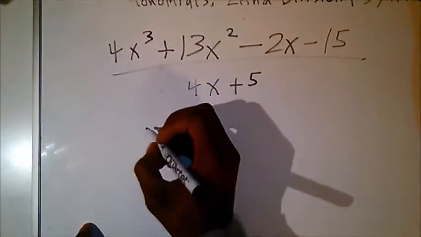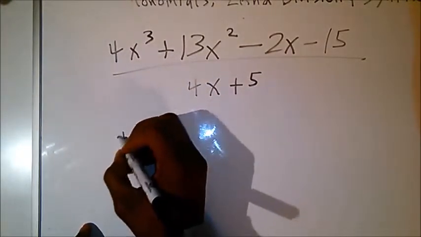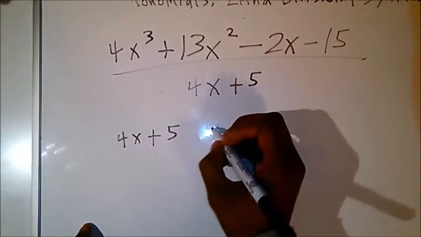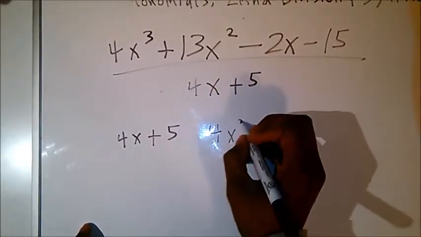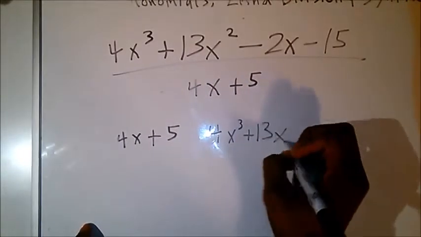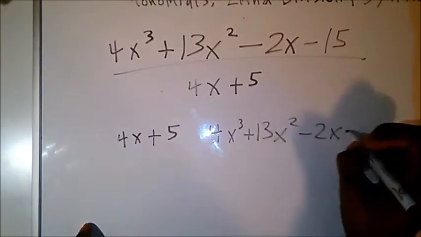We have 4x plus 5, 4x cubed plus 13x squared minus 2x minus 15.